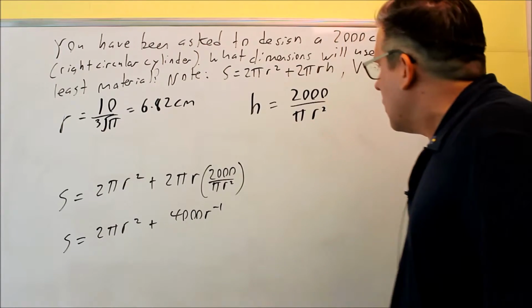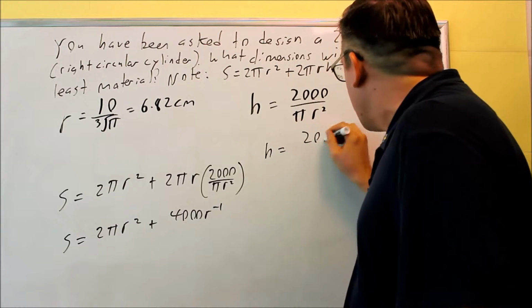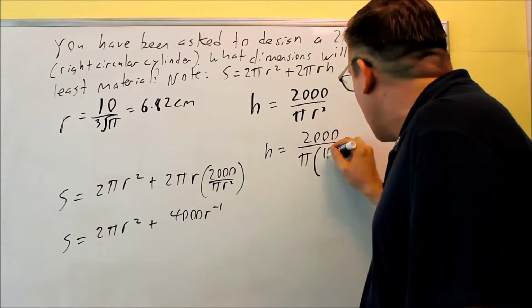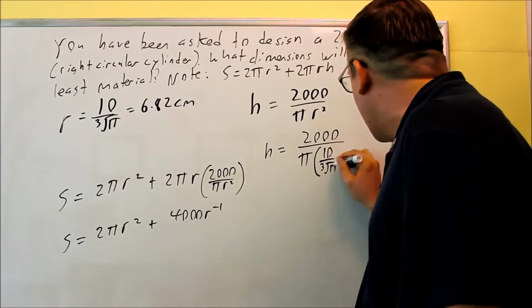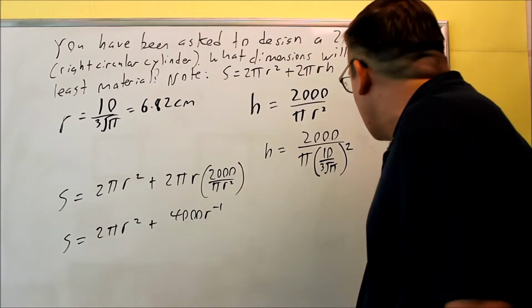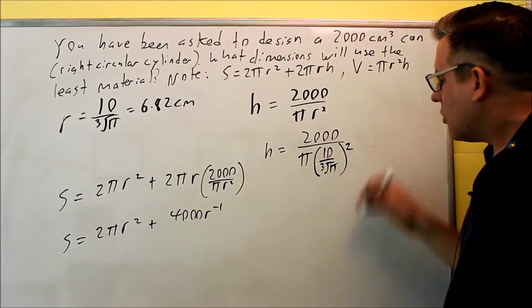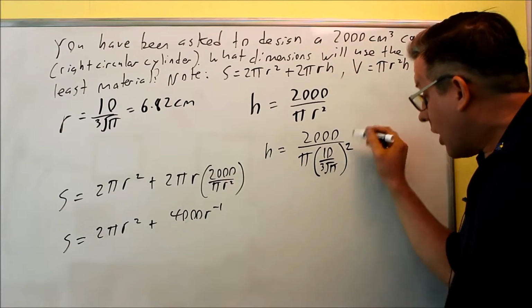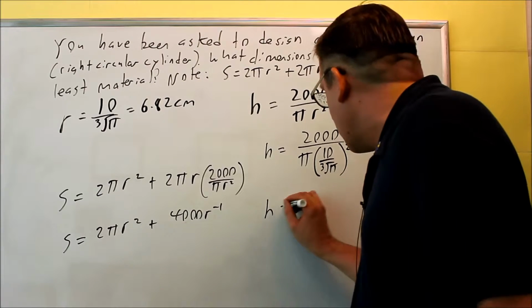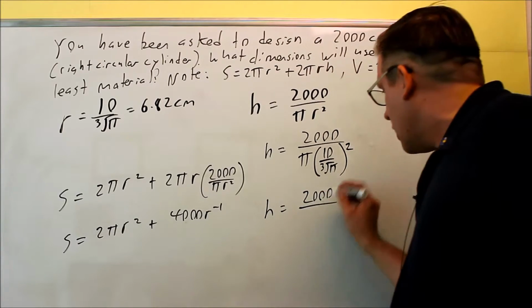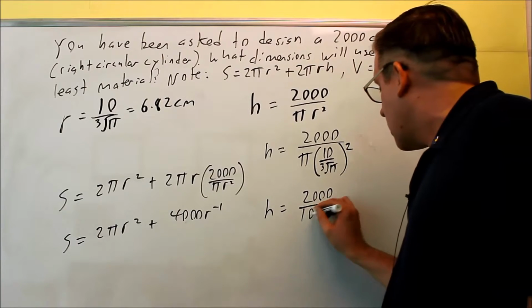Okay, so let's do that. We put that in there, 2,000 over pi times 10 over the cube root of pi, and don't forget to do the square there. Okay, so now when we do that part, we're going to square top and bottom on that. So let's do that first. 2,000, and then when we do that, 10 squared is 100, so 100 pi.